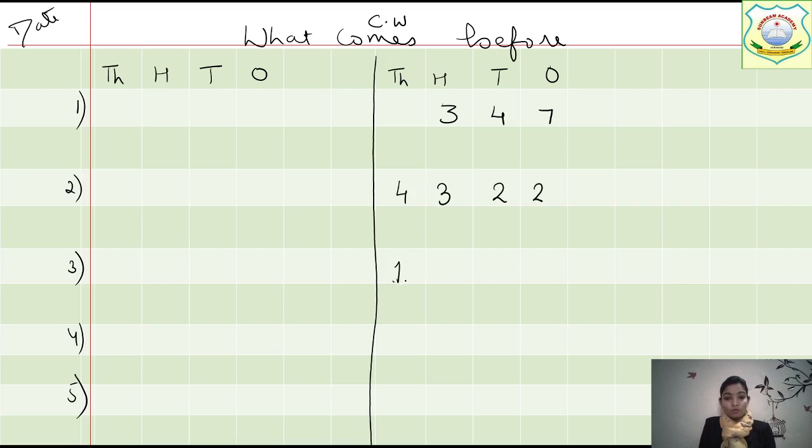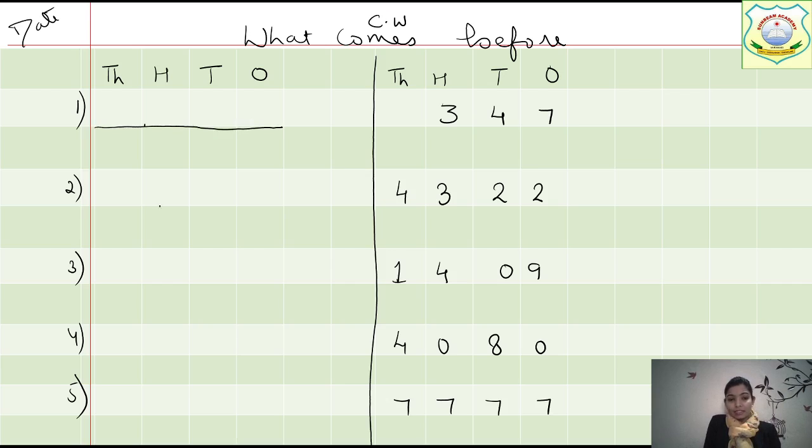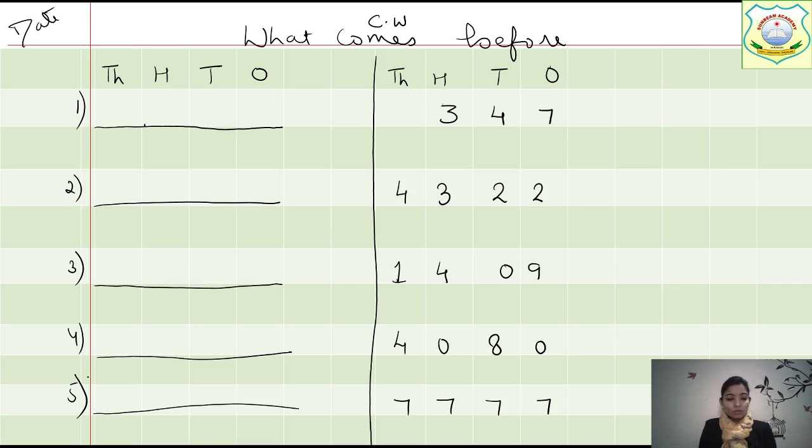Next question, 1409. Next, 4080 and 7777. Now here you have to draw the line with the pencil color like this. इसको आप pencil color से draw करोगे. Here as a blank. You can use any pencil color. It's your wish. Now let's solve the questions. You can use any color. I am using black so that it can be highlighted.